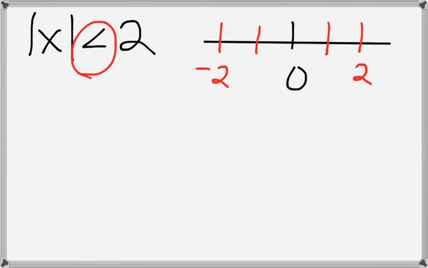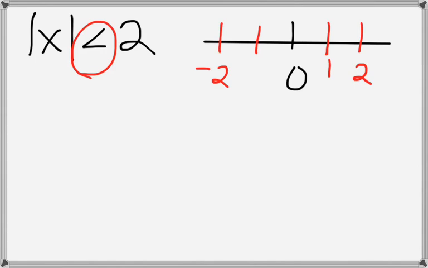So the numbers 2 and -2 are not going to be solutions here because their distance from 0 is equal to 2. So if we think about what kind of numbers would have a distance from 0 that's less than 2, that would be numbers like 1, for example. 1 is right here, so its distance from 0 is less than 2.